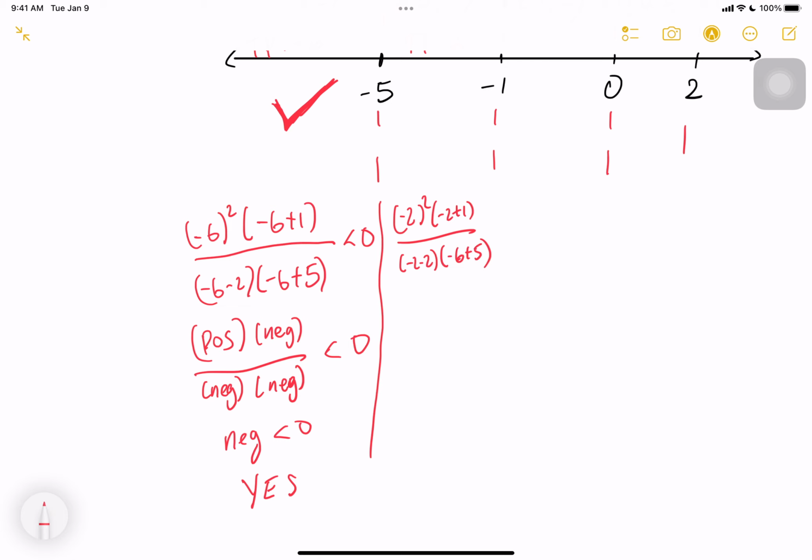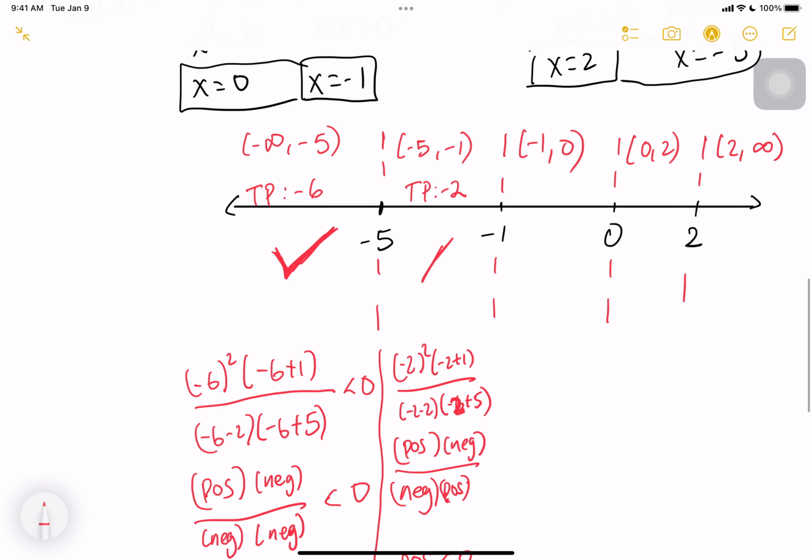And then I do the same analysis. -2 squared is positive. -2 plus 1 is negative. -2 minus 2 is negative. And -2 plus 5, that is positive. Again, so I have two negatives, so the whole thing is positive. A positive number is not less than 0. And so this is not going to be part of my answer.